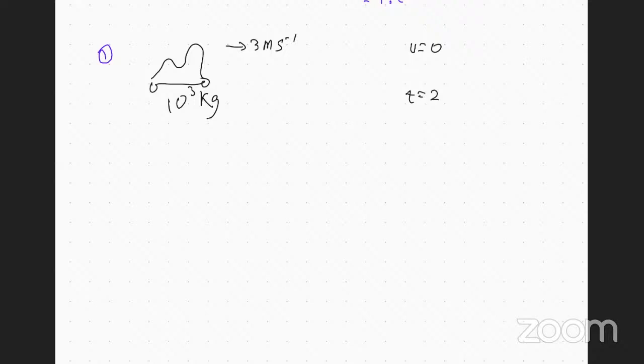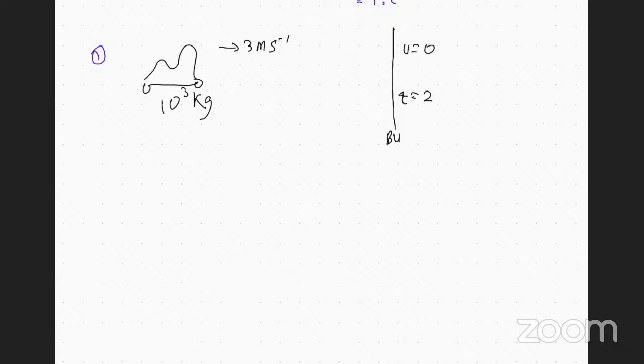What is the force exerted by the wall? They call it a buffer. What's the force exerted by the buffer?